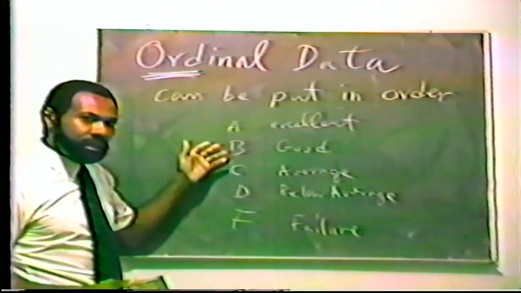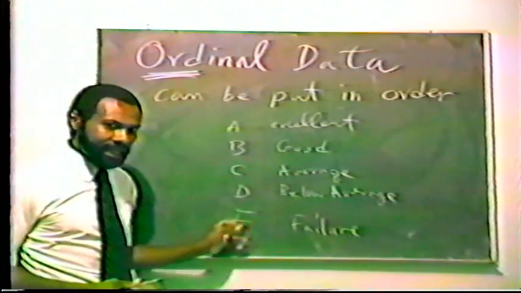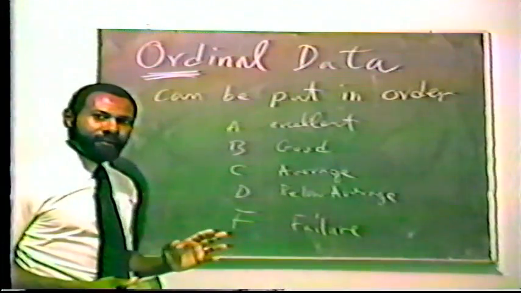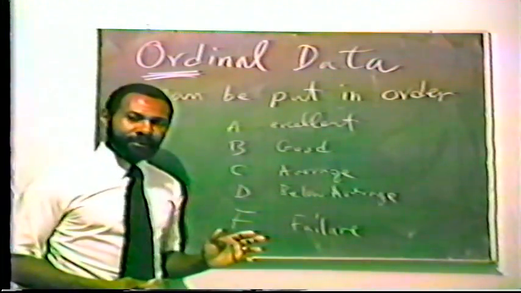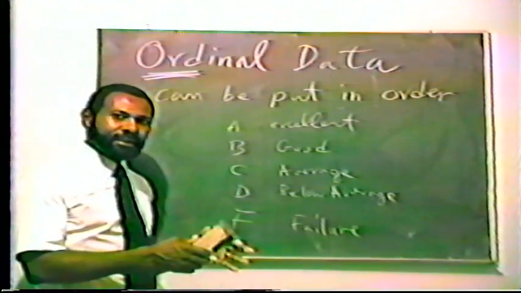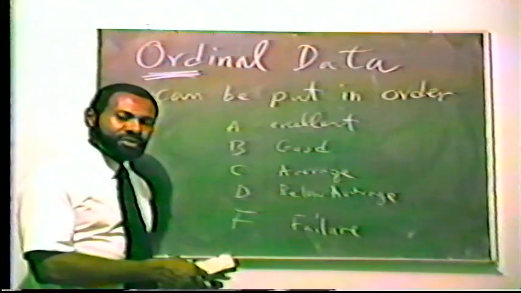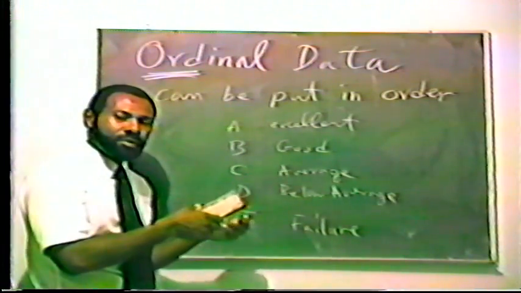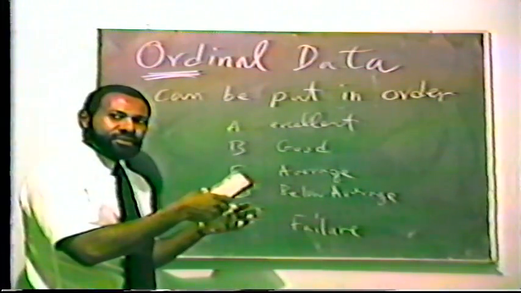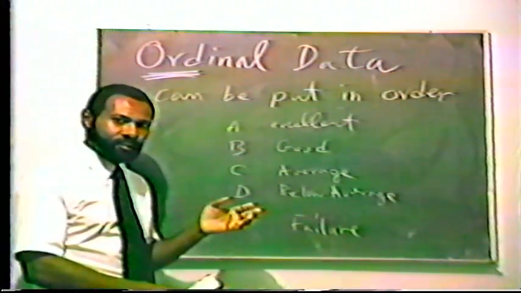Now, as you can see here, we can also give them names, or we can categorize the letter grades. When you have different levels of data, the ordinal level is a higher level than the nominal level. The nominal level is the lowest level. The next higher level is the ordinal level. Now, a higher level has to satisfy the conditions of the lower levels also.